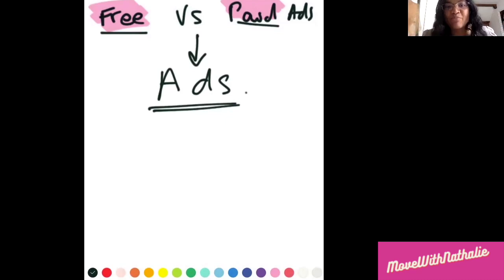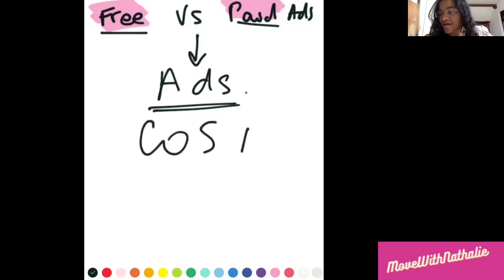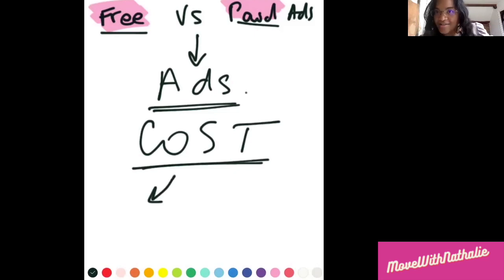The difference between both is that sometimes people will think that the free is really free. But in both cases, in fact, it always costs you something. When it's a free ad, maybe you already heard that, it costs you something. The value that it costs is time.